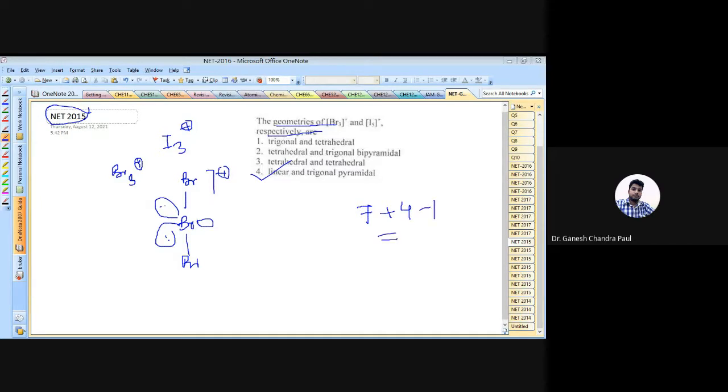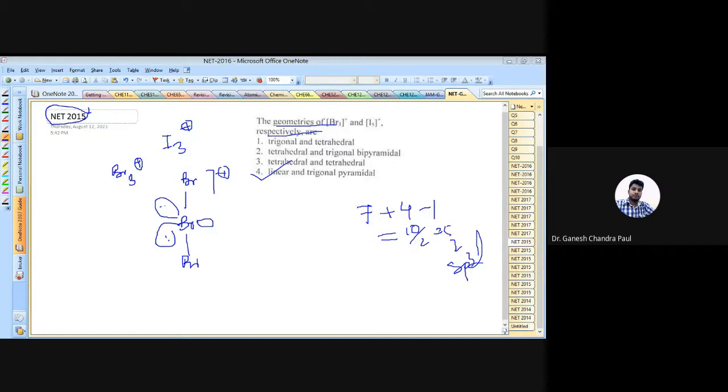So 7 plus 4 is 10. 10 divided by 2, so it is 5. So hybridization is sp3d, and it has trigonal bipyramidal geometry.